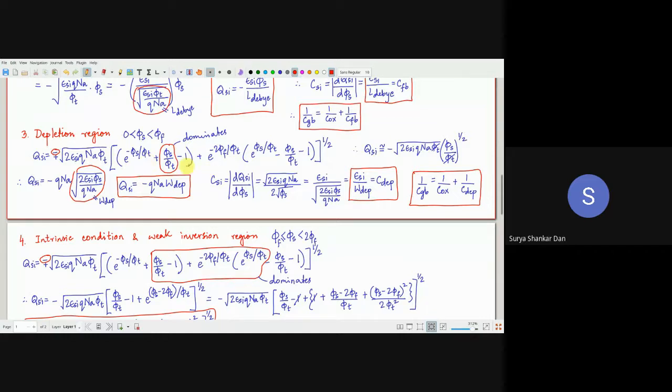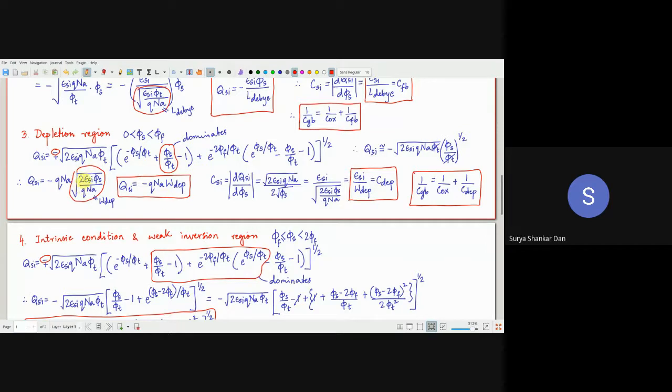Okay, so in this relation, which will dominate here? Remember, this is now e to the power of minus phi s by phi t. So this is essentially now much less. Forget about it. The phi s by phi t term will dominate inside this entire equation. So I have just kept phi s by phi t whole to the power of half. These will cancel. You are left with this.